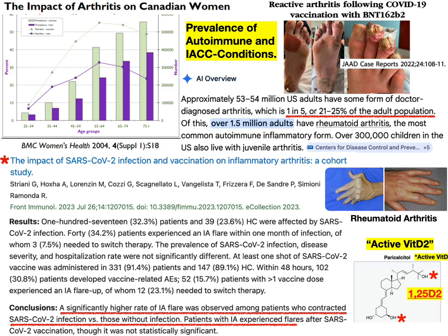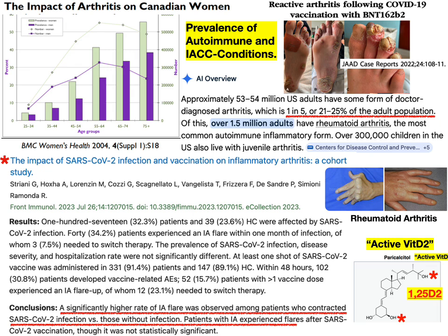Results: 117 patients and 39 healthy controls were affected by SARS-CoV-2 infection. These are the cohort that were analyzed. 40 patients, 34%, experienced an inflammatory arthritis flare within 1 month of infection, of whom about 7.5% needed to switch their medical therapy.